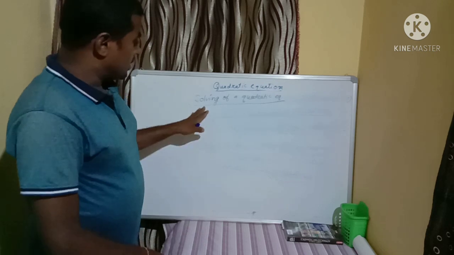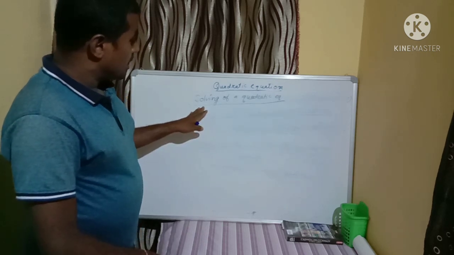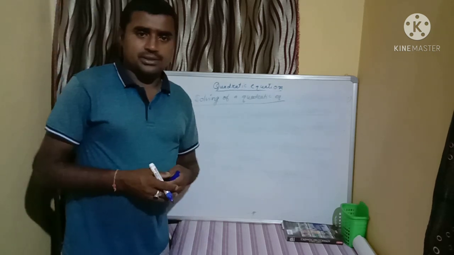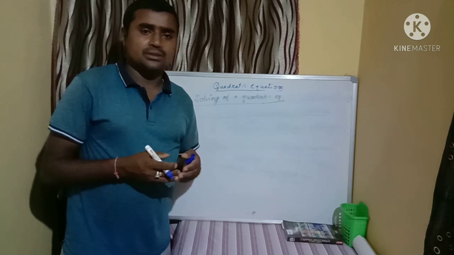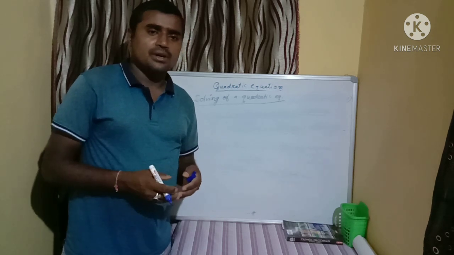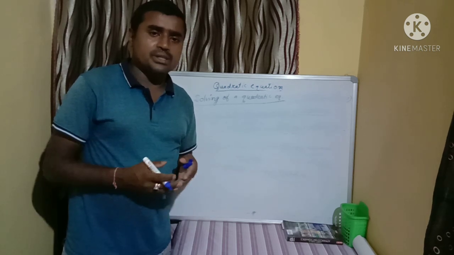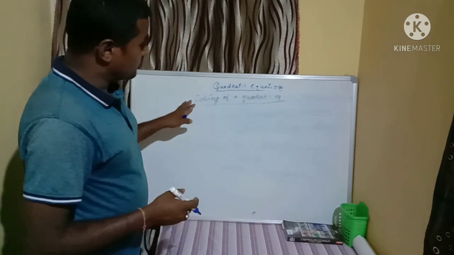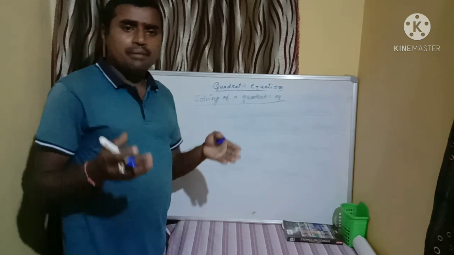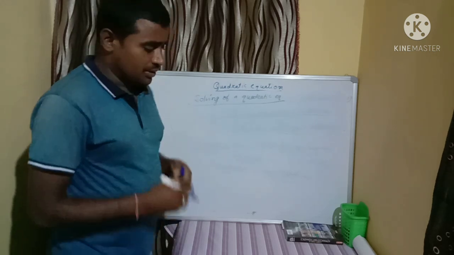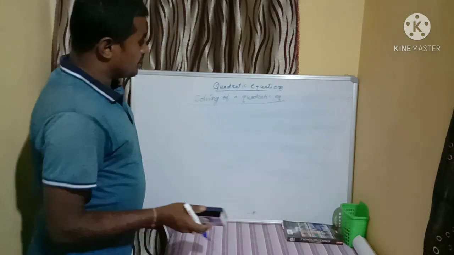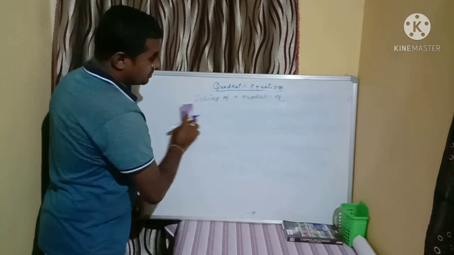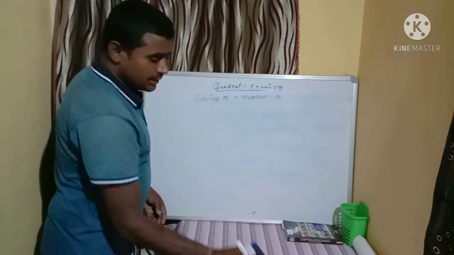Okay, so now how do we solve a quadratic equation? We have some methods, some procedures, and when we follow these procedures we can solve a quadratic equation, that means find the value of the variable. So here I give you some methods of solving a quadratic equation.